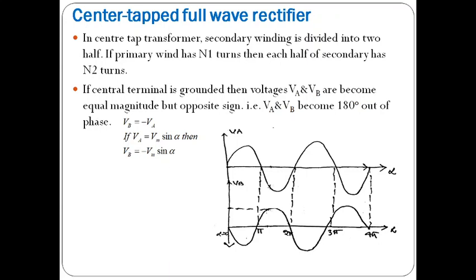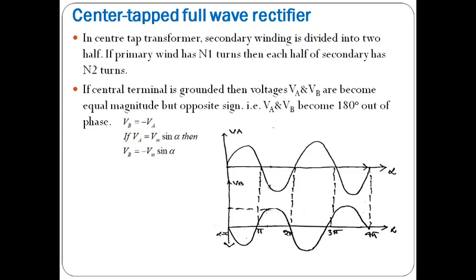Before going to that, in the half-wave rectifier we use a normal step-down transformer with a PN junction diode, where the primary winding has N1 turns, more than the secondary winding N2. Here we are using a center tapped transformer.